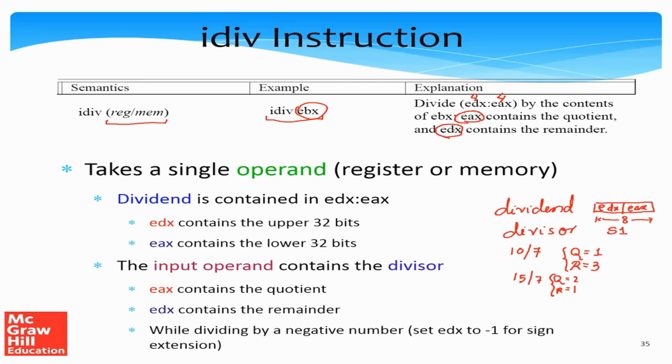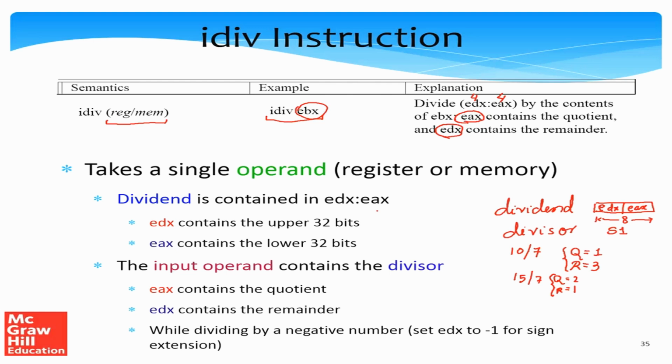And so in this case, EDX and EAX are containing the dividend. Then they are getting overwritten. So EAX will ultimately contain the quotient at the end, and EDX will contain the remainder. Alright, so let me just summarize what's written here. The dividend is contained in EDX EAX.